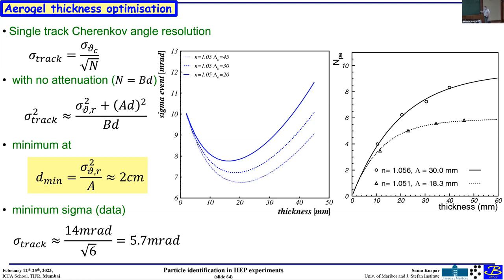Photons actually get Rayleigh scattered a lot in the aerogel, especially at shorter wavelengths, below 300 nanometers, and this attenuation length then influences the number of photons that you detect. So you can see that with the thickness, it doesn't really scale linearly, but actually drops due to these very short attenuation lengths here.